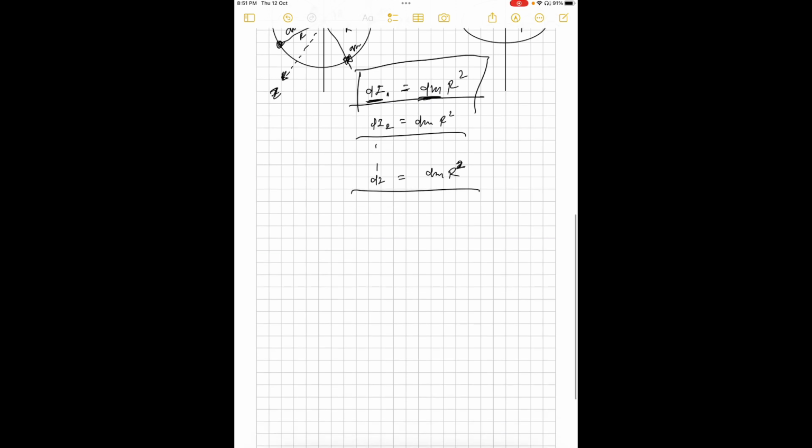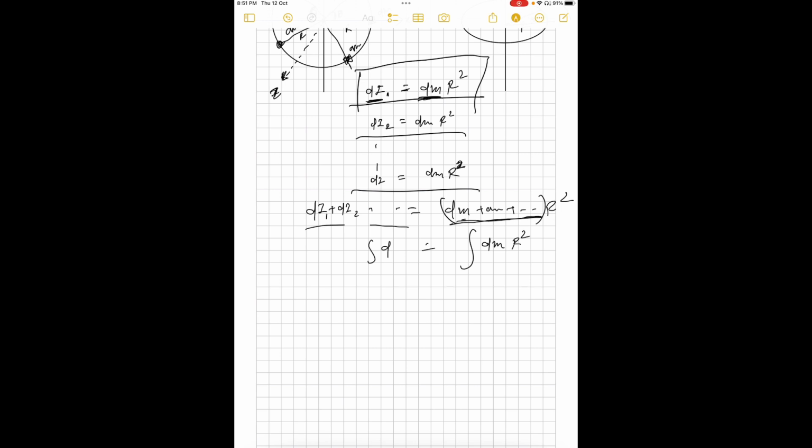Now let me add all of them. That will give me dI1, dI2, and this will give me dm, dm, dm, and r square. These are very small masses, so the summation will become an integration.